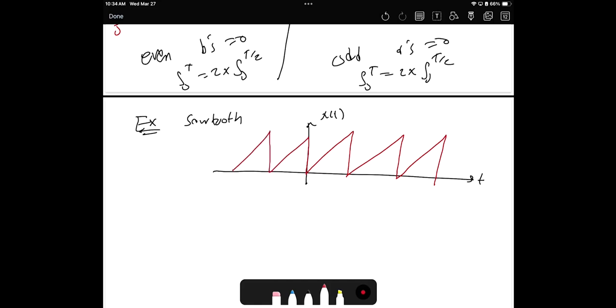Is this function even? Let's assume here, is it even? No. Is it odd? No. So this is neither. Neither. No. Okay.